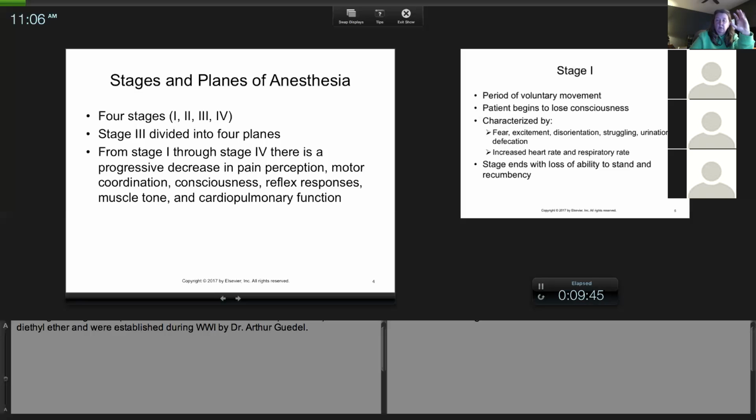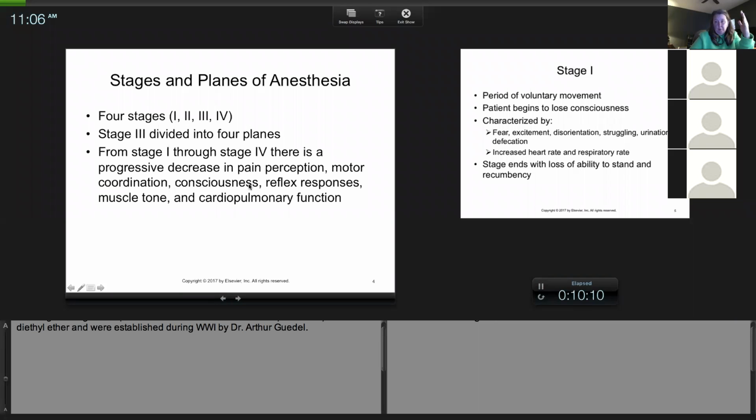But as they're under anesthesia, and you should test this on your radiology patients next week, as they get deeper and you pinch their toe, you're probably not going to get as much of a reaction as when they were awake, because now they're sedated. They have pain control on board, and they have sedation on board. So it's all a change from their pain perception, motor coordination.